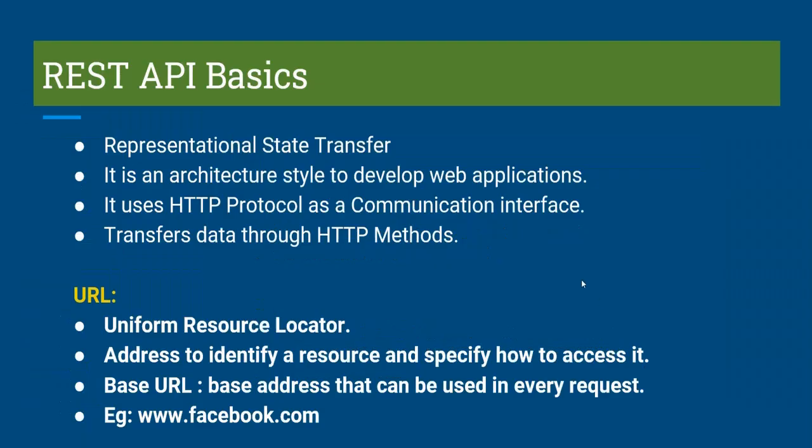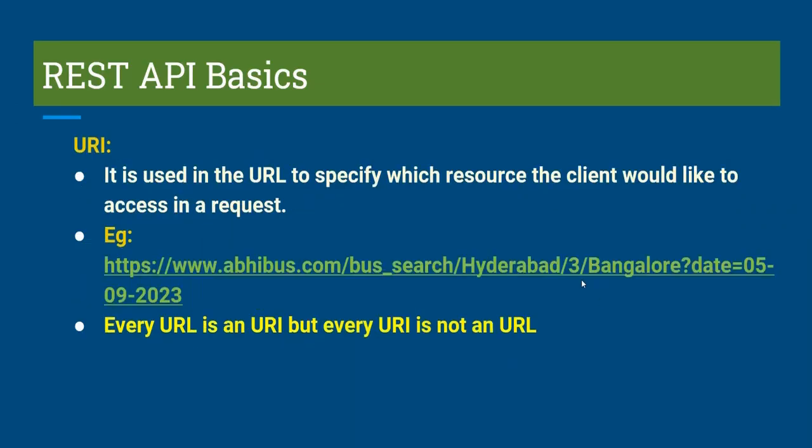Let me maximize this here. So then the next one is URI. URL means Uniform Resource Locator. URI means Uniform Resource Identifier. So URI is included in the URL, and it is used to specify which resource the client would like to access in the request.